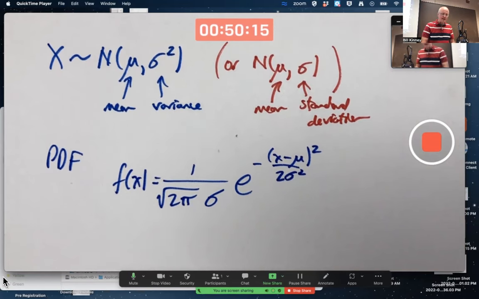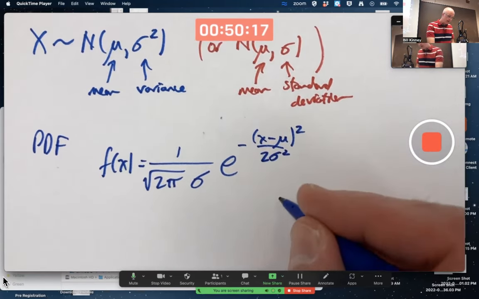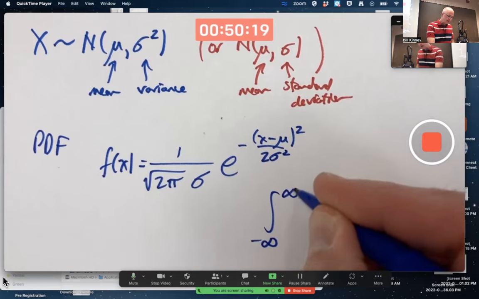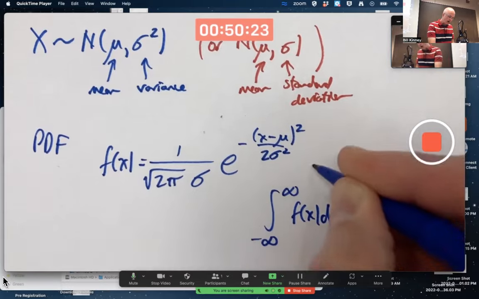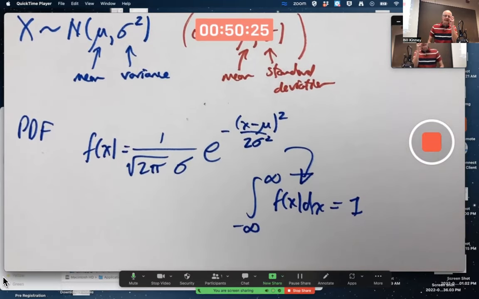To verify this is a PDF, you'd have to verify that the integral from minus infinity to infinity of this thing equals 1. Is that easy to do? No, it's not. Could you have Mathematica do it?